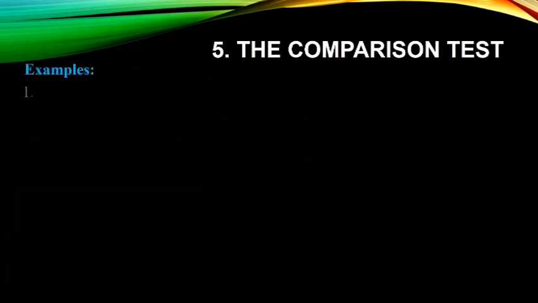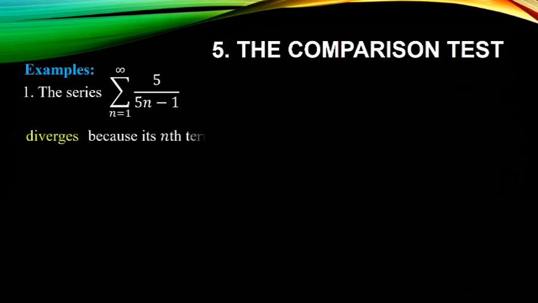Okay. Examples. The series of summation of 5 over 5n minus 1, where n starts from 1 to infinity. So it diverges because its nth term, 5 over 5n minus 1, is equal to 1 over n minus 1 over 5, which is greater than 1 over n.